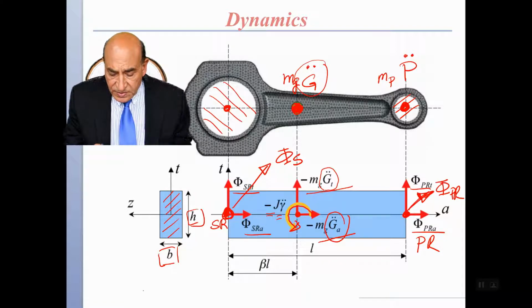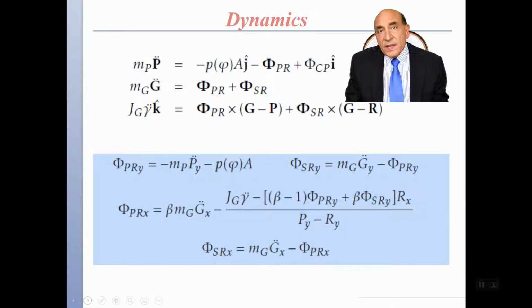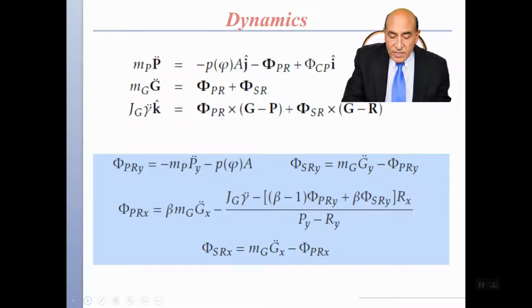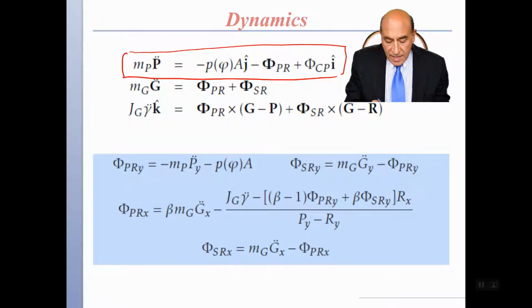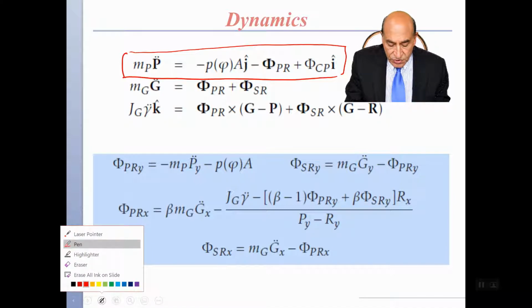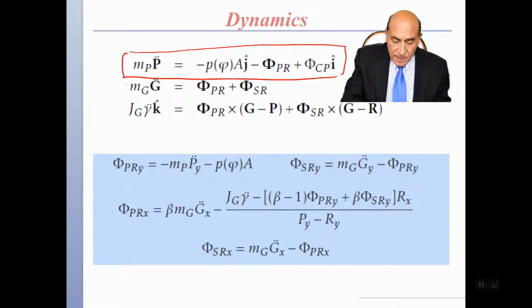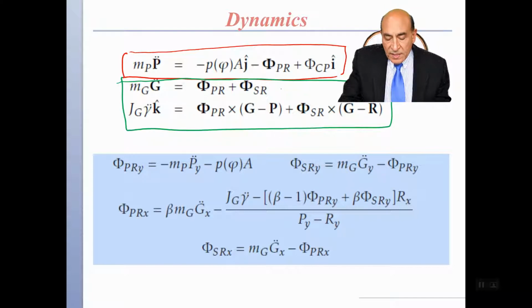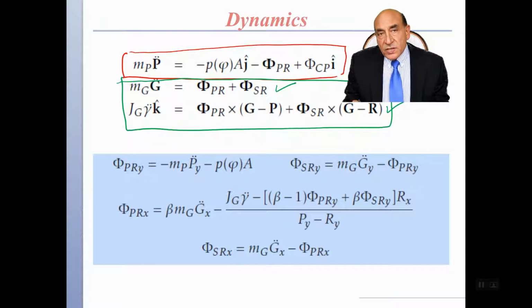So that description, the dynamical description, gives us equations of motion, and the equations of motion, we have one equation of motion here for the piston, and we have two equations of motion for the rod itself. So in the green here, I have one equation of motion, linear momentum conservation, and then one equation of motion based on the conservation of angular momentum.